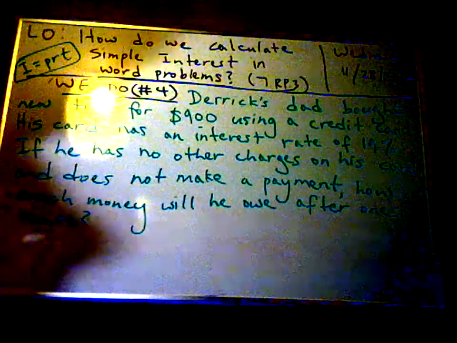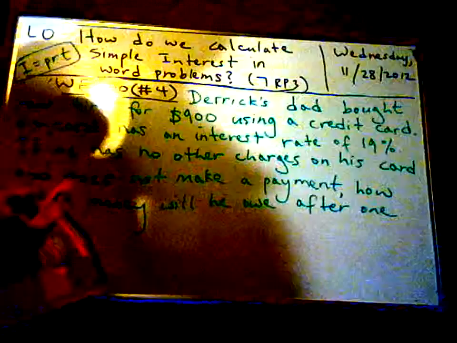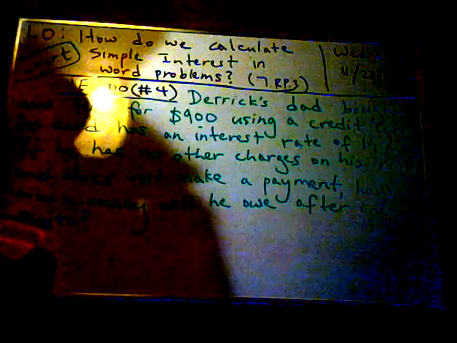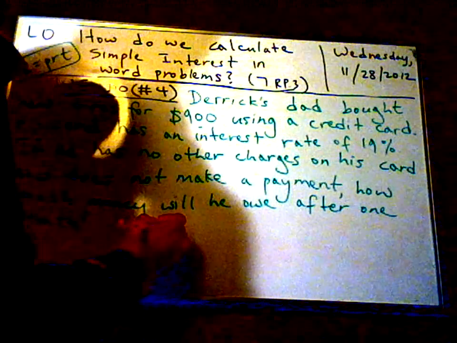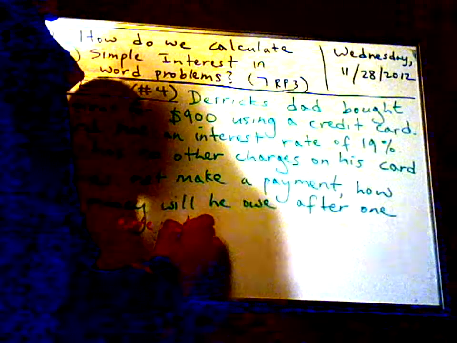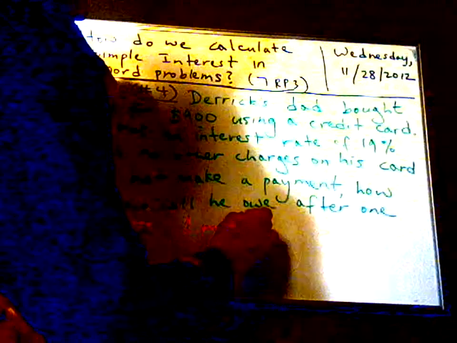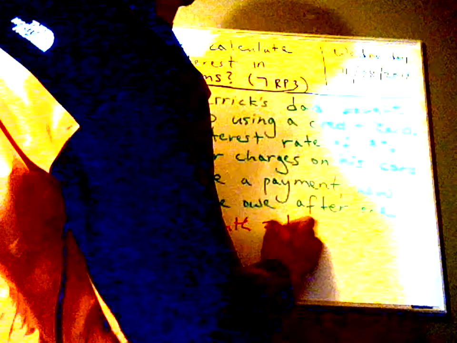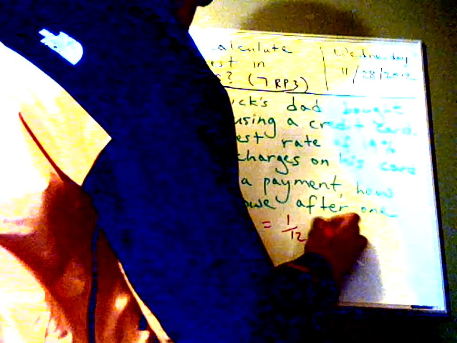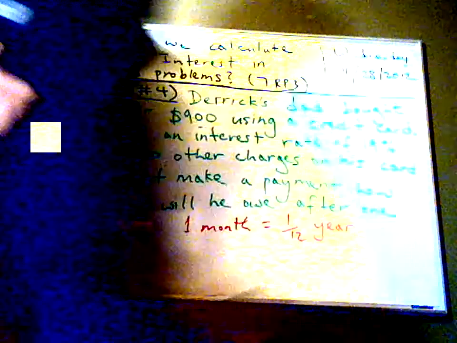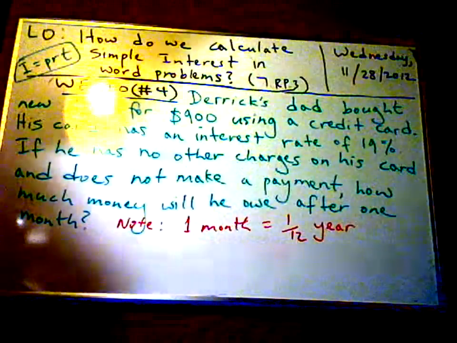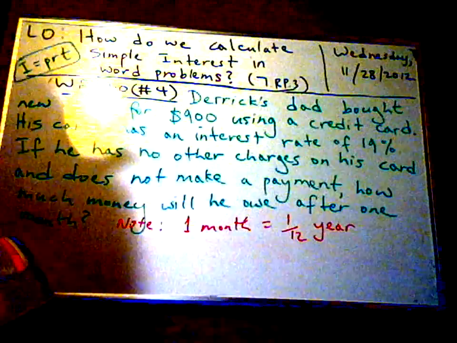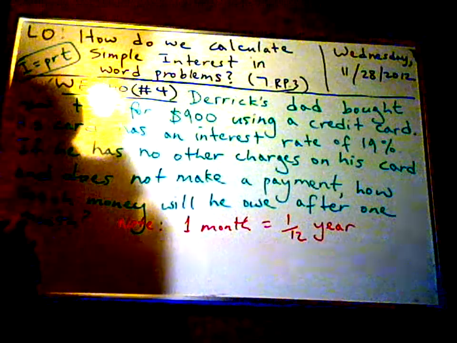Okay, so here we can go back to the simple formula. Note that 1 month equals 1/12 year. Everybody agrees with that. 1 month is 1/12 of a year. Now using the simple formula, we have all the information we need.